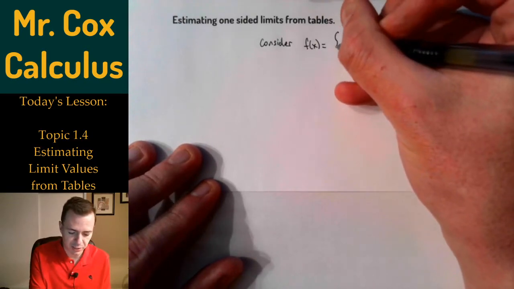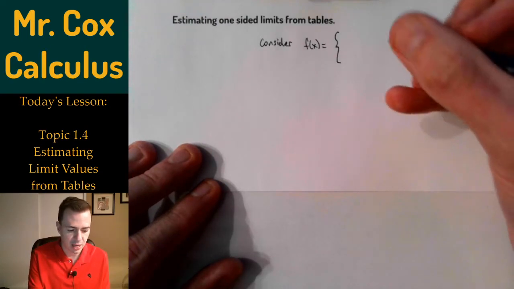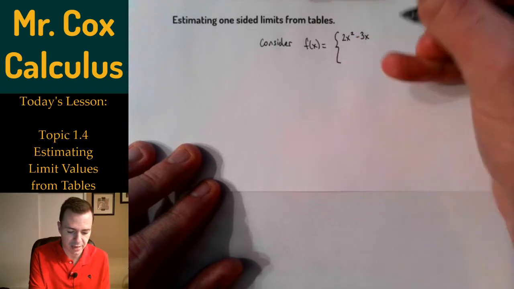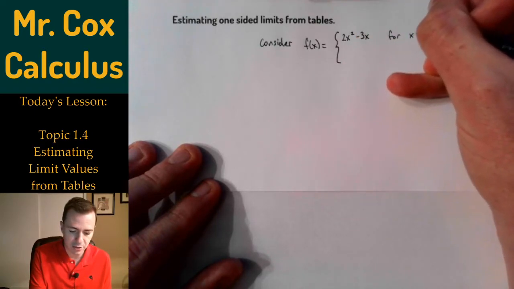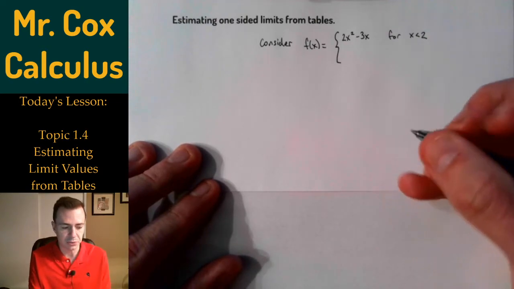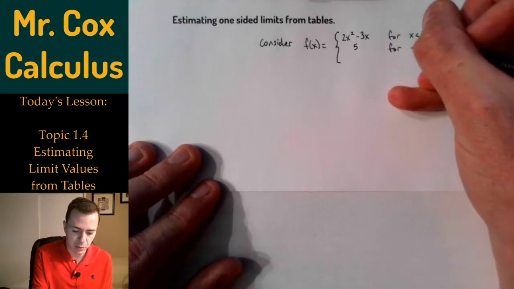And I'm going to let this piecewise function actually have three pieces for this particular example. We're going to let the function look like 2x squared minus 3x for x values less than 2. And then when I get to x equals 2, I'm going to specifically define it as equaling 5.